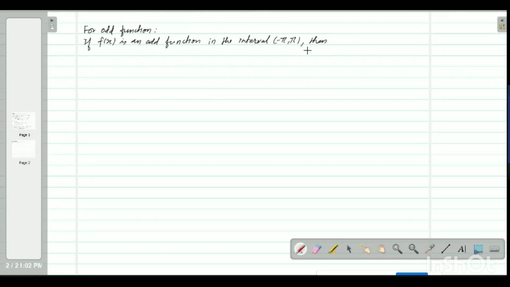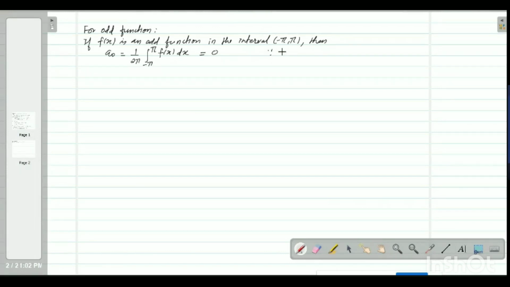Then you will have a naught, which is 1 upon 2 pi integration of limit minus pi to pi f of x dx, and this is equal to 0.